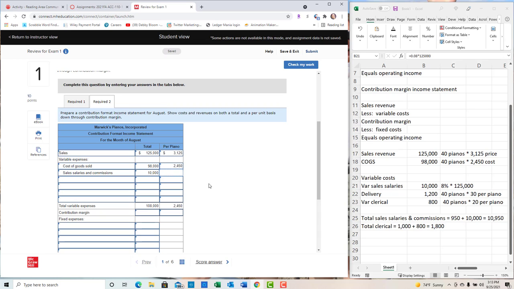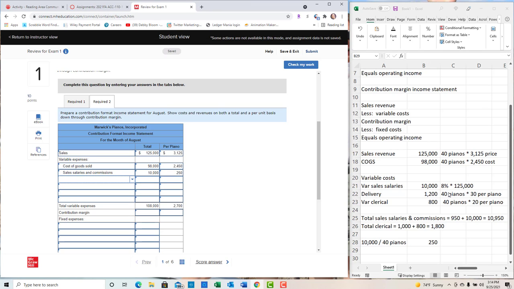Now there's 2 ways that we could calculate the per piano. We know that we're selling 40 pianos. So the first way is to just take the $10,000 sales, salaries, and commissions and divide that by the 40 pianos. So that would give us $250 per piano.